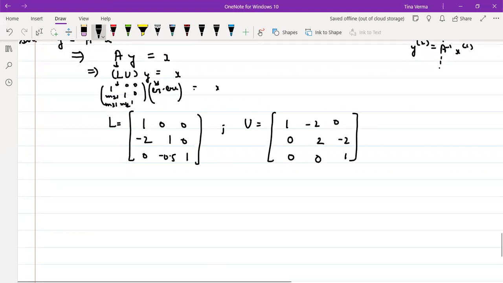If you remember the process, we have done LU decomposition. When we had to do LU decomposition, LUx = B. What we did was take Ux as y.